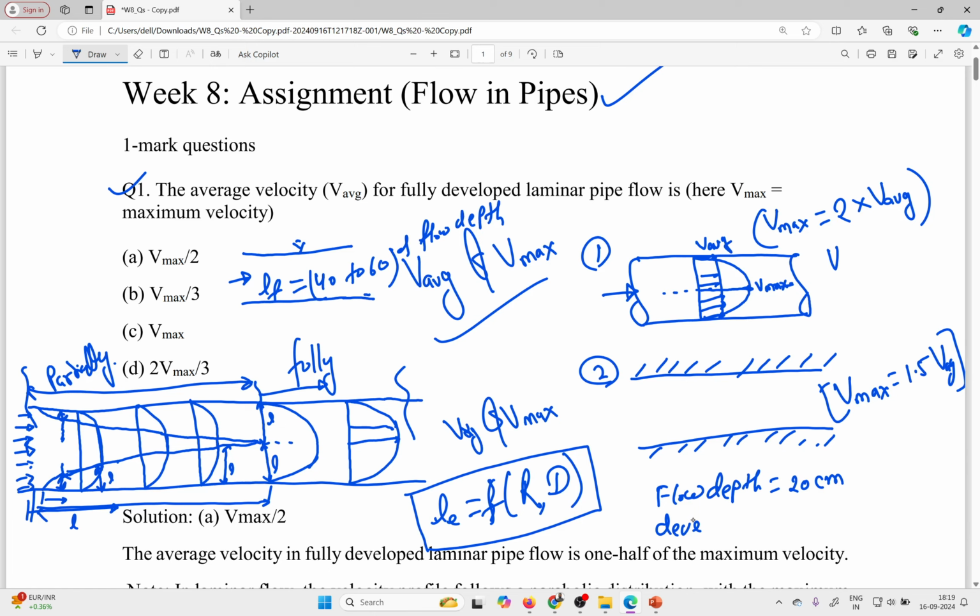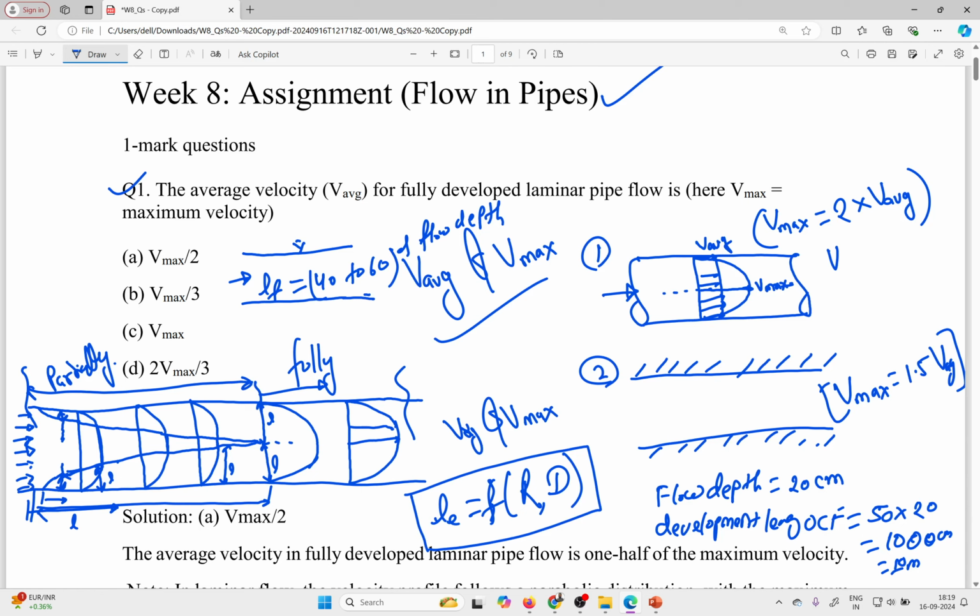So development length in open channel flow, if I take the average, is 50 times 20 centimeter, that is 1000 centimeter, so 10 meter. So development is like that in the open channel.